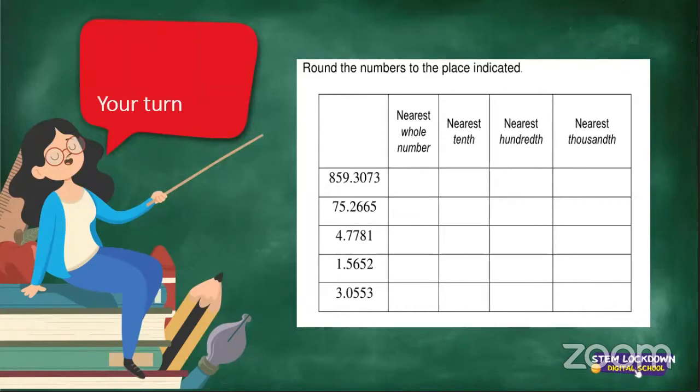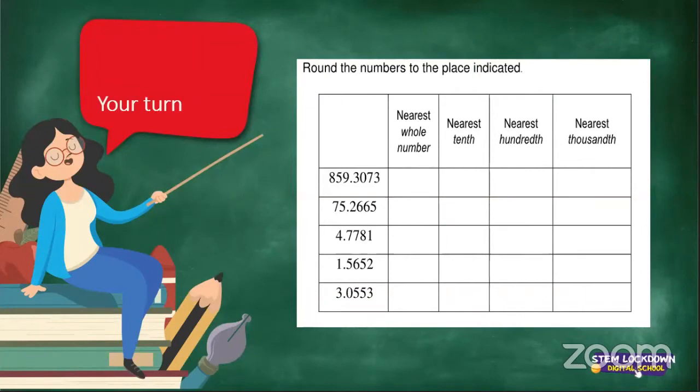All right, I see people are writing 860. Check the wording. We have a decimal point. So the original number is 859.3073, right?